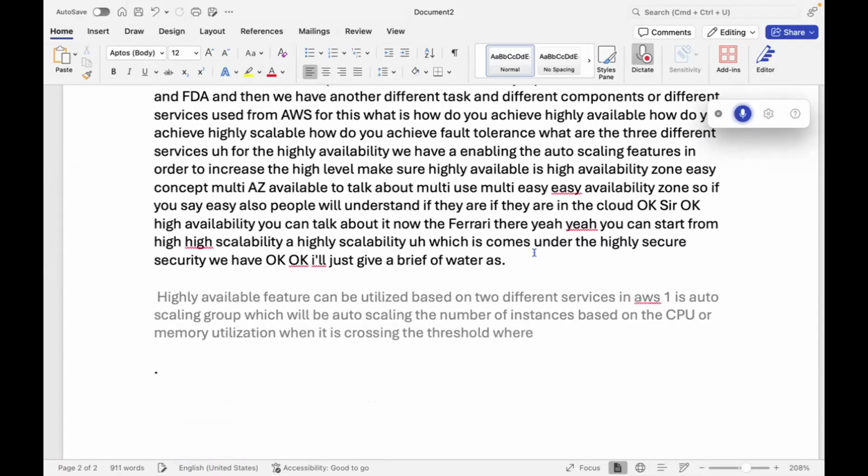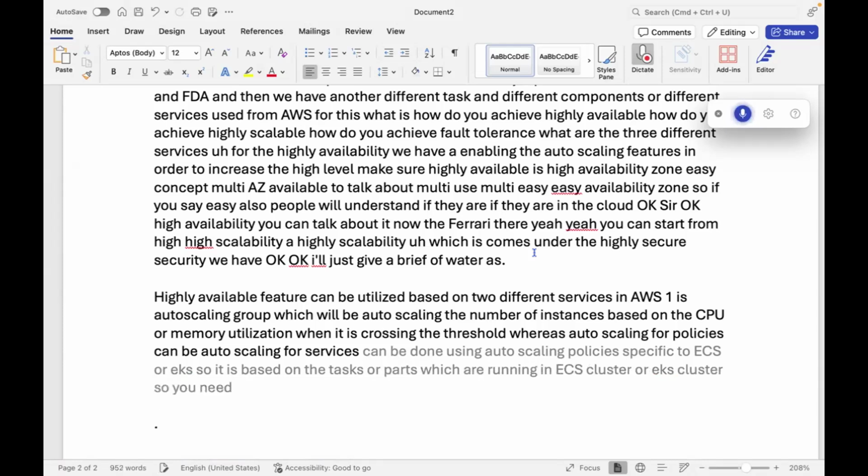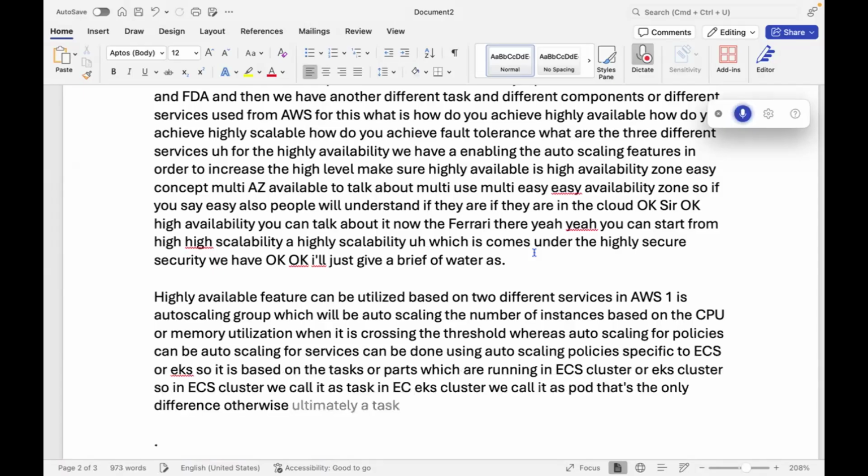Whereas auto-scaling for services can be done using auto-scaling policies specific to ECS or EKS, based on the tasks or pods running in the ECS or EKS cluster. In ECS we call it a task, and in EKS we call it a pod. That's the only difference.